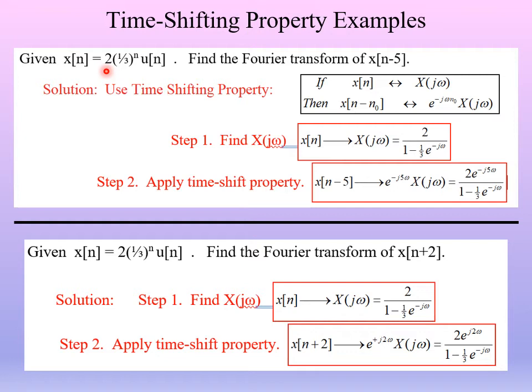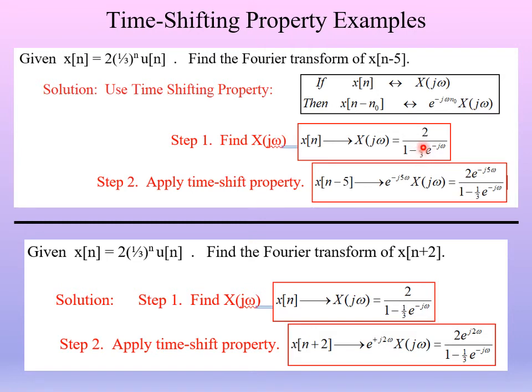We have the number out in front is 2, so that's going to go on top. And remember, this number in parentheses, we called it a in the last video, so this is a to the n. So it's b, or 2, over 1 minus a times e to the minus j omega. So here's that 1/3, we put it in there. That's our value of a.